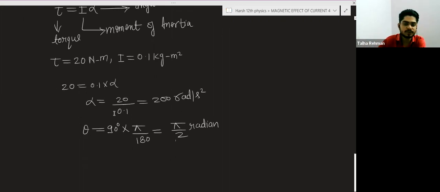There will be some angular velocity. Then we have v square is equal to u square plus 2as. This equation we apply in linear motion.